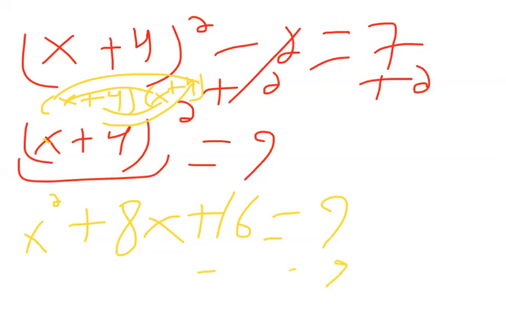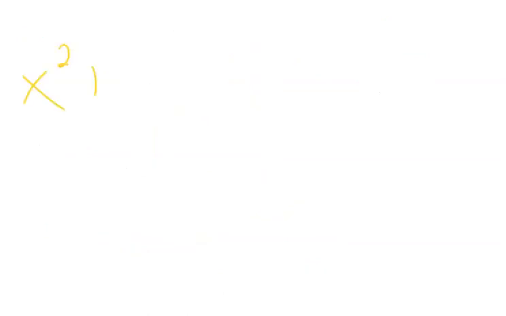Minus 9 to get the right side equal to 0. So you get 16 minus 9, which is 7. So you're left with x squared plus 8x plus 16 minus 9, which is 7. And that is equal to 0.